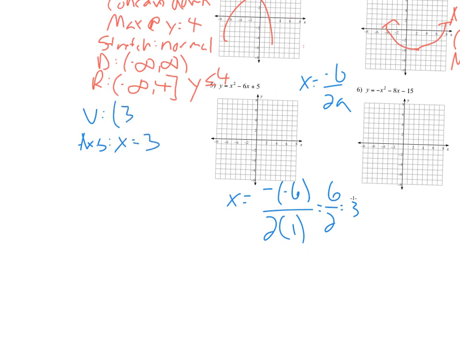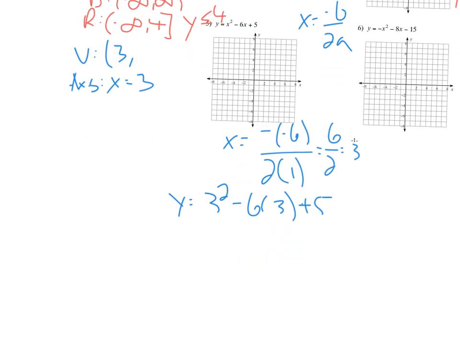It also is the x-coordinate of your vertex. Once you have your x-coordinate, you can get your y-coordinate by substituting that value in. So then y equals 3 squared minus 6 times 3 plus 5. 3 squared is 9. Negative 6 times 3 is a negative 18.